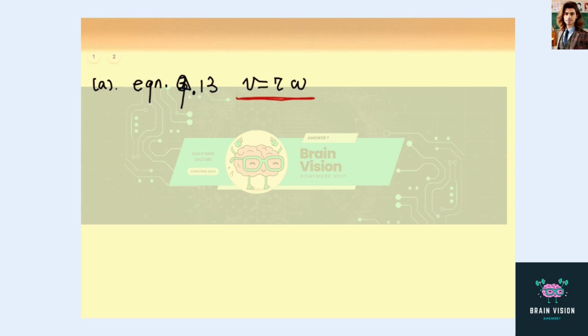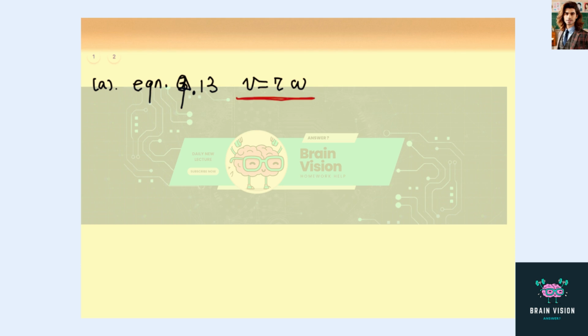v is linear velocity, which is 1.25 meters per second, and r is the distance of the points from the rotation axis. Considering the geometry in this problem, r is just the radius of a part of the track on the CD, and omega here is the angular velocity desired in this question.